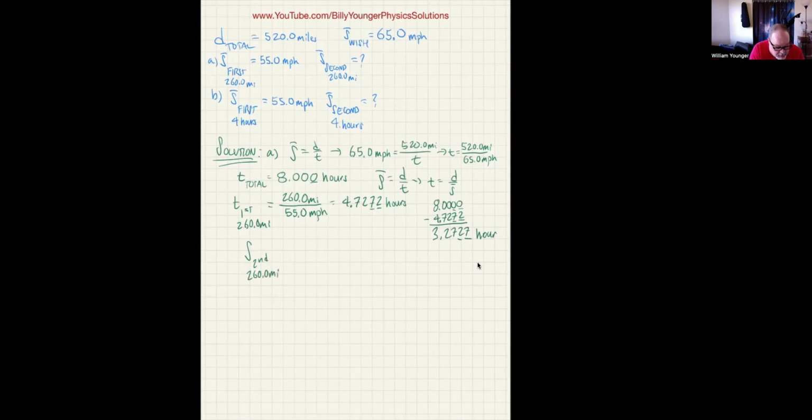260.0 miles, that average speed is in fact going to have to be 260.0 miles, and I'm going to have to divide that by 3.2727 hours.